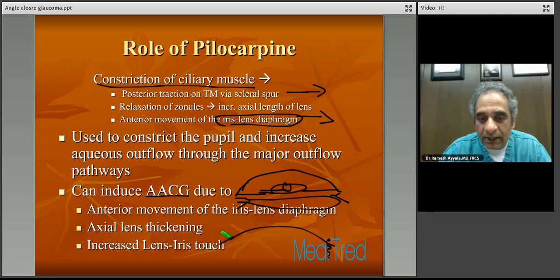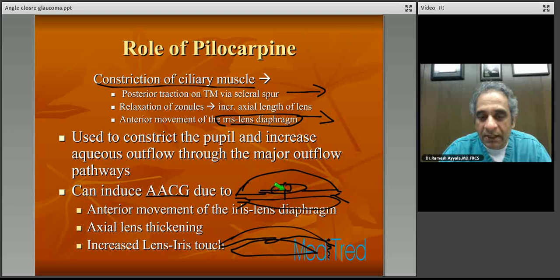Here is the cornea, and the iris in this situation is pushed forwards. Here is your constricted pupil because the underlying lens has moved forwards because of zonular relaxation. An important concept for you to understand is that pilocarpine and other parasympathomimetic agents cause zonular relaxation, causing the lens to move forwards.